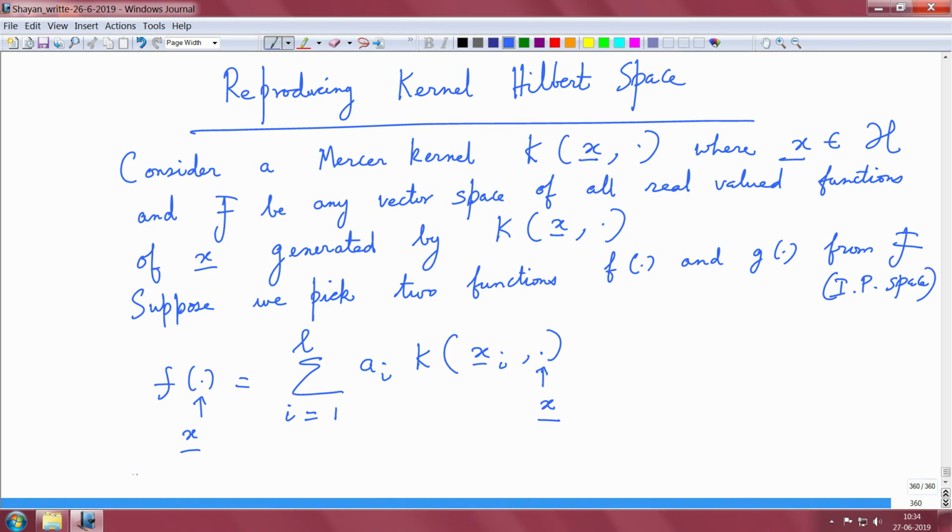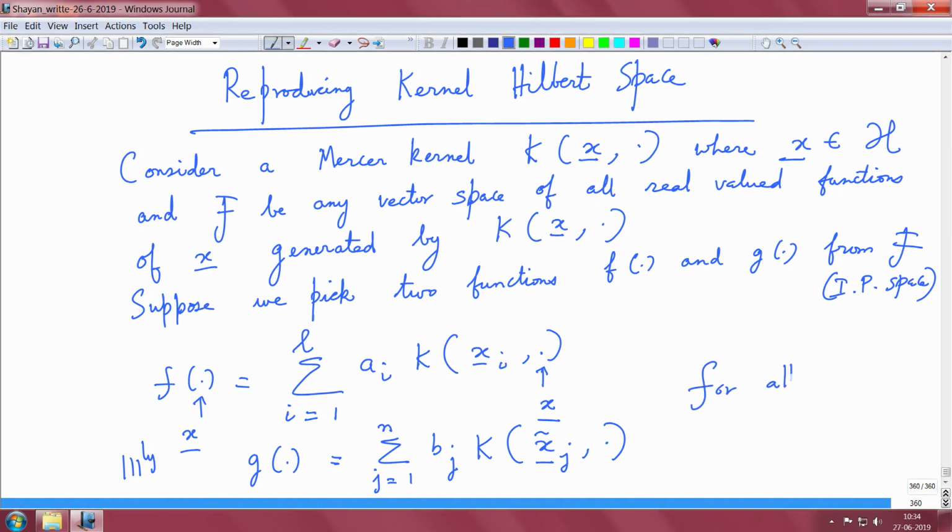So, similarly, if I do not put an x there, it implies that you could fill in this placeholder. I can write g, this function g is a linear combination of n such kernels. So, it is summation j equals 1 to n, b_j times the kernel acting on two points x_j tilde and dot, and this dot indicates x, right.